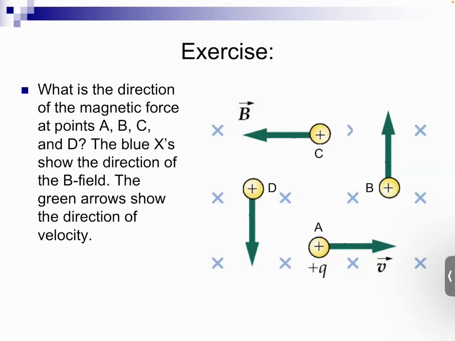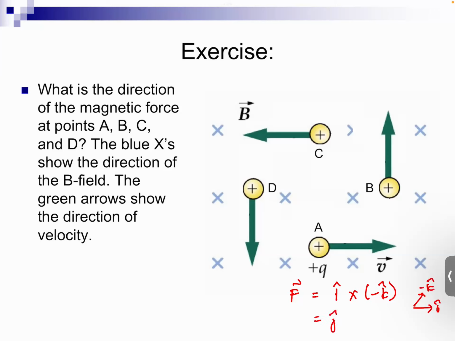If you work out the direction of the magnetic force, say here for charge A, we already know the direction of the magnetic force will be V, which is i hat, i hat crossed with the magnetic field direction minus k hat. So you're doing an i hat crossed with minus k hat.